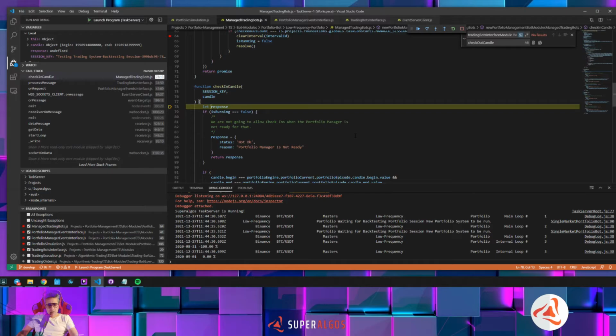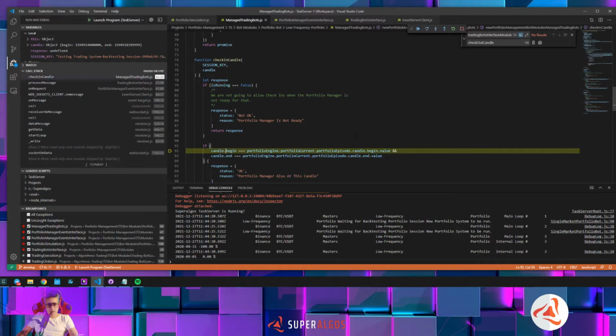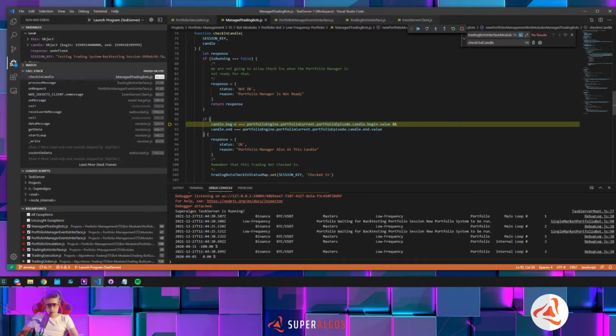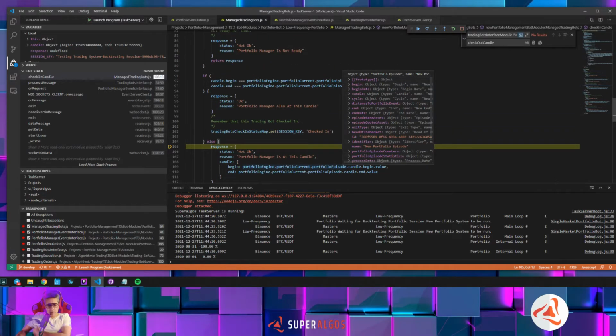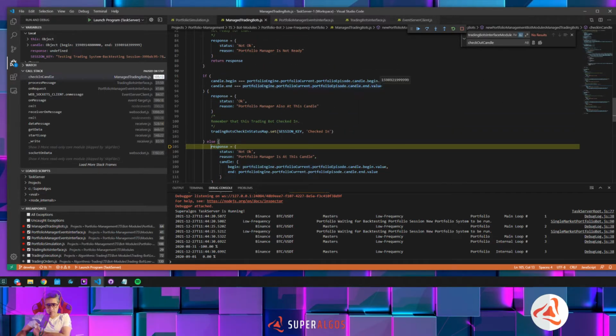checking candle. Candle begin. So candle begin is this.